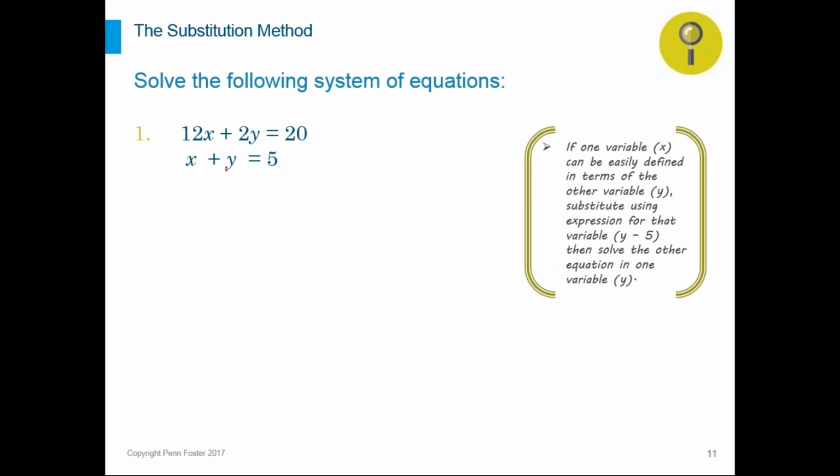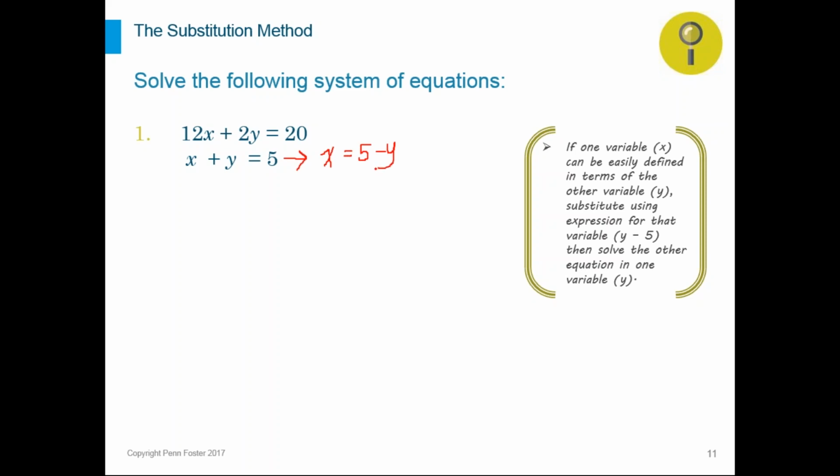That makes it the simpler of the two equations. So we can rewrite the second equation so we describe x in terms of y. Okay, and this is what I mean by that. We can look at it as x equals 5 minus y.